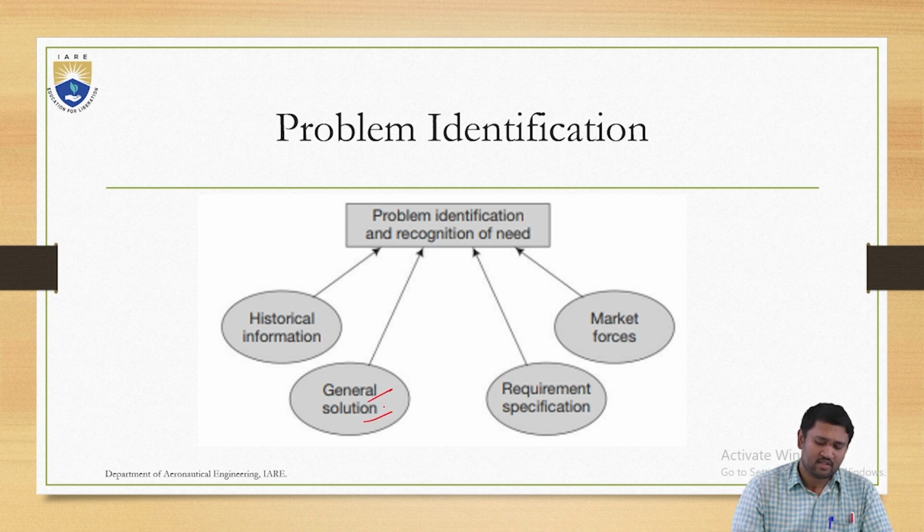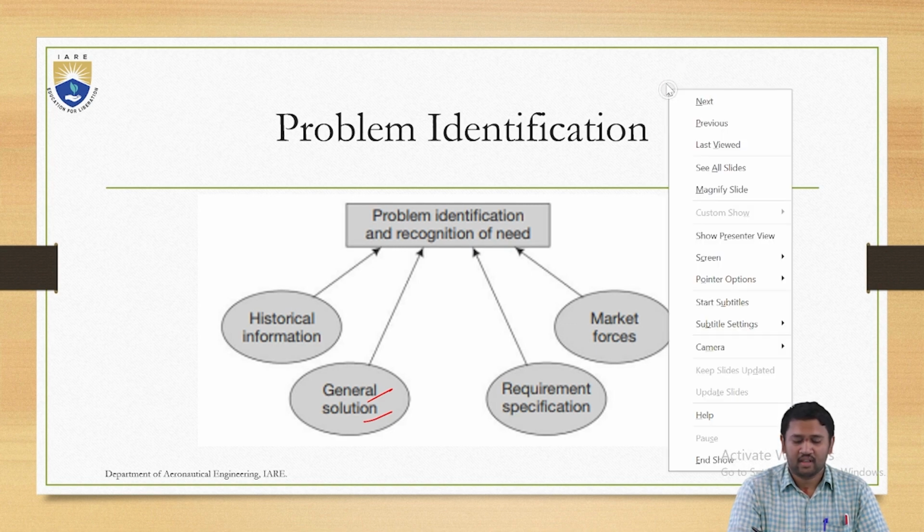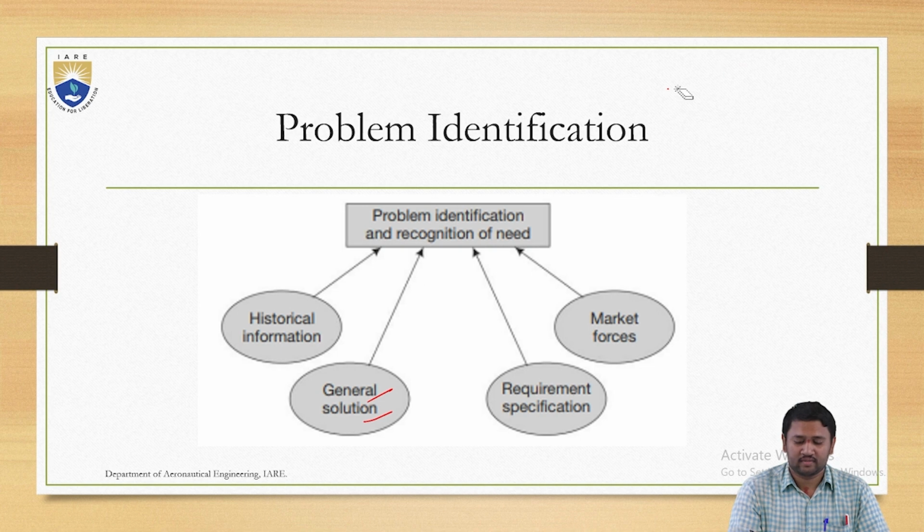Next, what will be the general solution that you can have in order to get the problem identified? In the same case of the water bottle, what is the issue that we have encountered? Basically, we have a point where a volume of fluid is to be carried from one point to another place in a feasible manner.